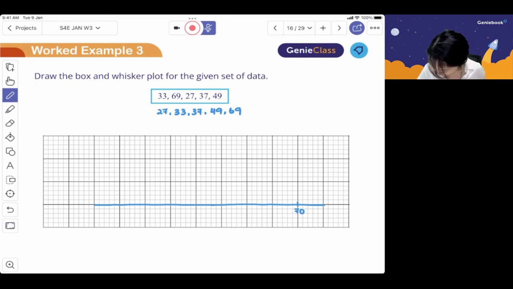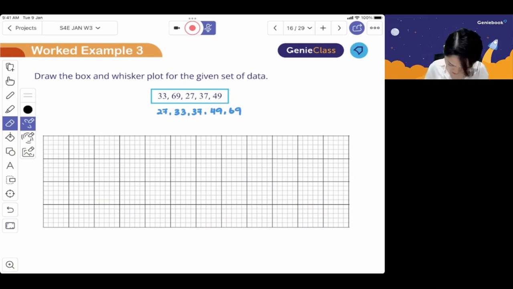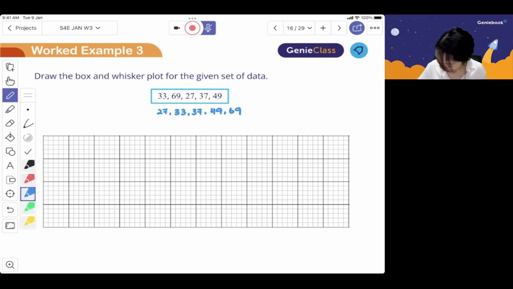Oh no, cannot. Okay, let's plan this out. So 70, 60, 50, 40, 30, 20. Nice. 27, yes, that works.